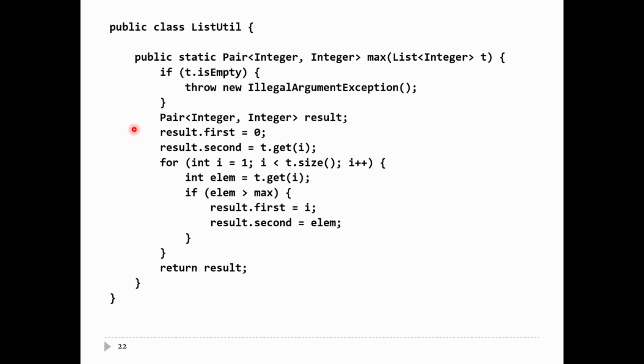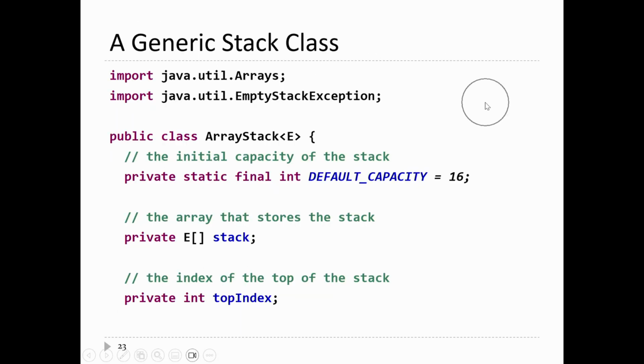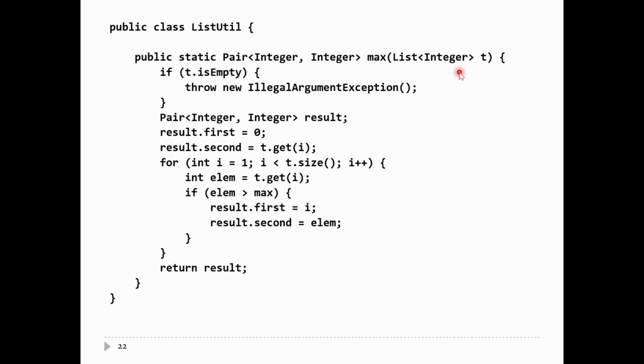In your typical max method, you create an int, sorry, that represents the max value that you've seen so far. You'd create another for the index of the maximum element that you've seen so far. So here, you just make a pair of values whose types are integer and integer that are going to store the index and the maximum value for us.